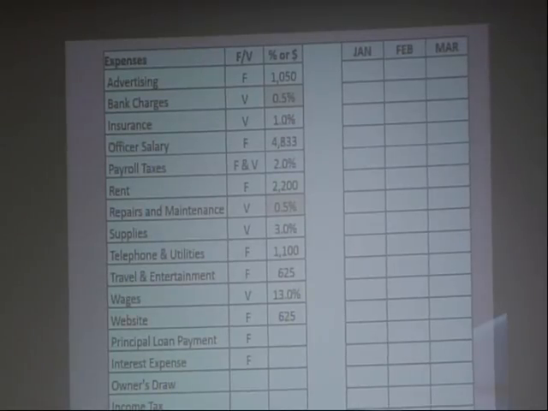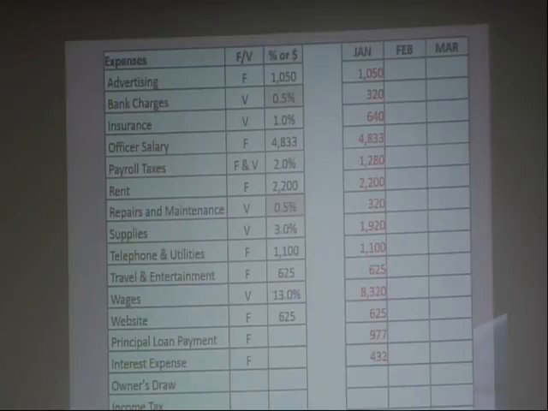The owner wants to take out $5,000 in July to pay for the new boat. Maybe you're making tax deposits and you need a plan for that. Like in a particular month, you're going to buy a new capital piece of equipment, something that you're going to capitalize. So there should always be blanks on a budget so that you can put in things that you're thinking about doing. So there's our answers.